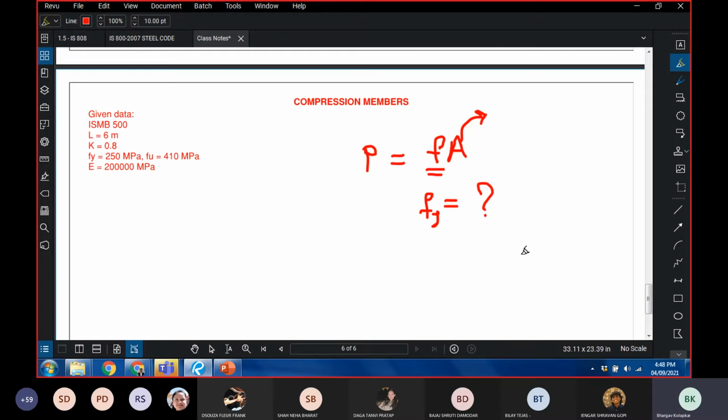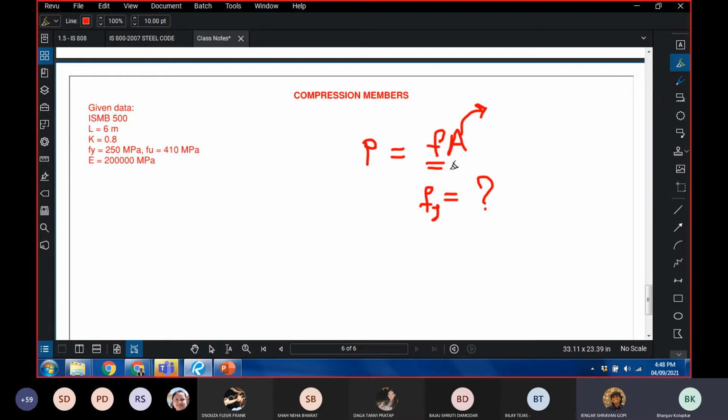How do you know? Because it's only using this, right? This stress would be Fy only if the slenderness ratio is less than this value.